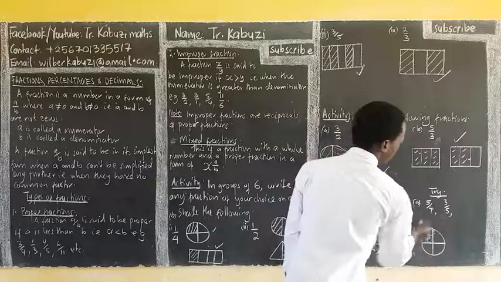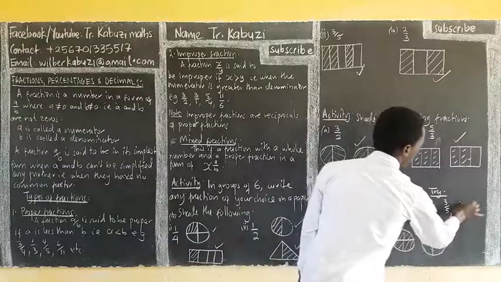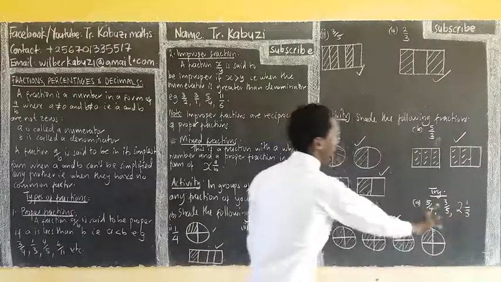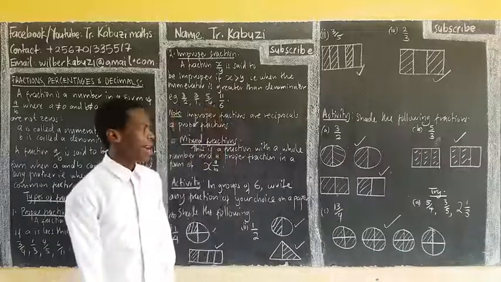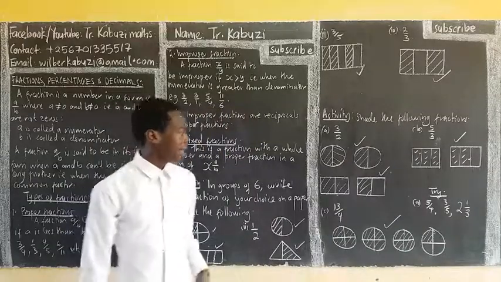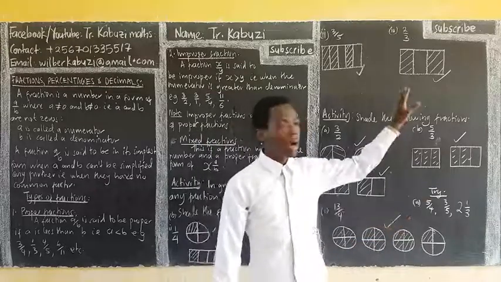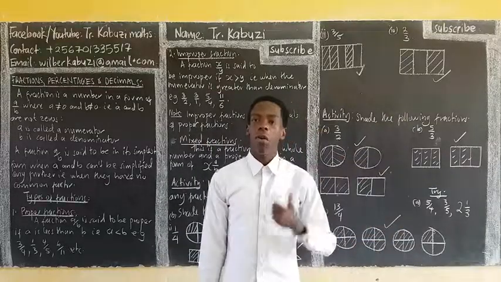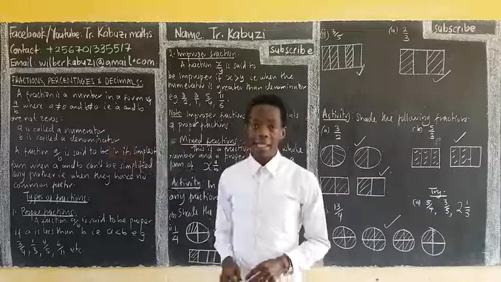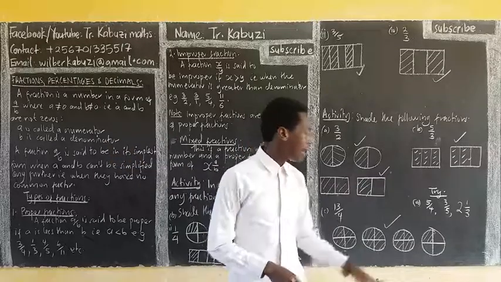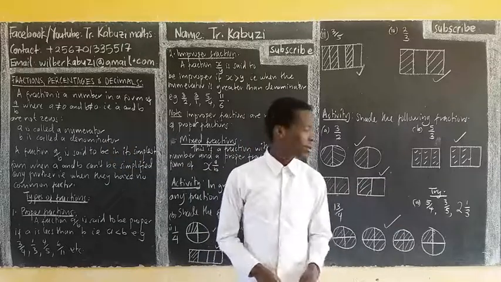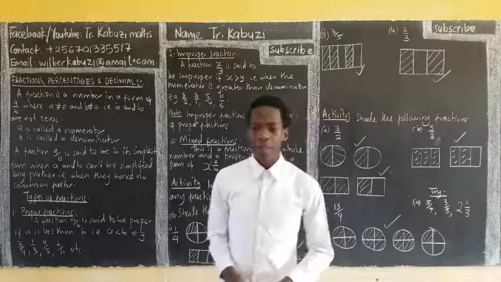Then you also shade for me 1/3. Now I'm bringing in some idea of a mixed fraction. So that's it. I wish you well. But please, make sure you have made your own notes about this lesson. Then you bring this exercise to me. So I wish you well.